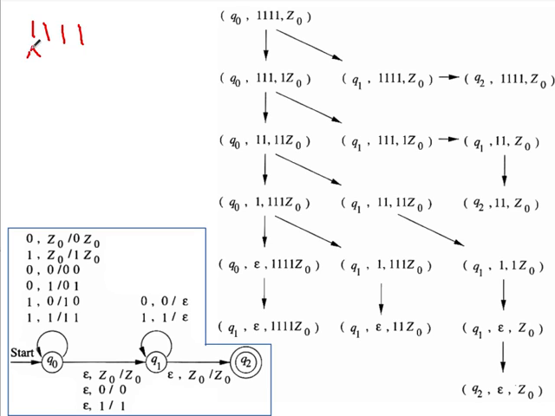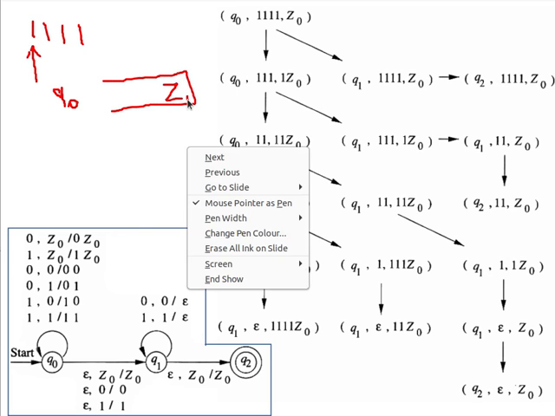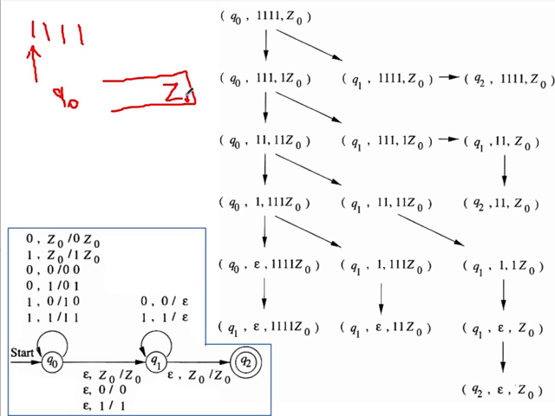You haven't even processed the first one, and your current state is Q0, and if you imagine you have a stack here, your stack now contains just Z0. So this is the initial configuration. So this 1111 corresponds to this, that you are supposed to process this.